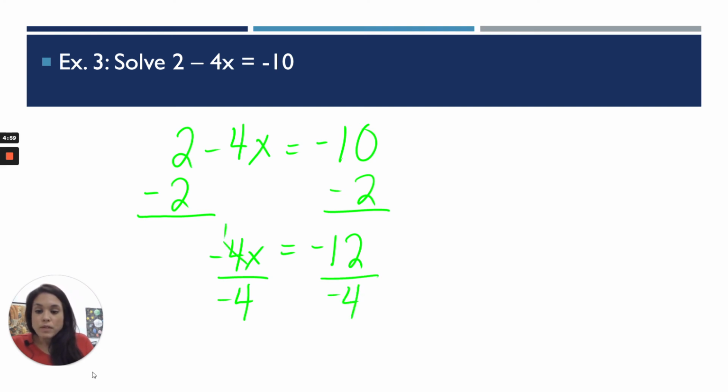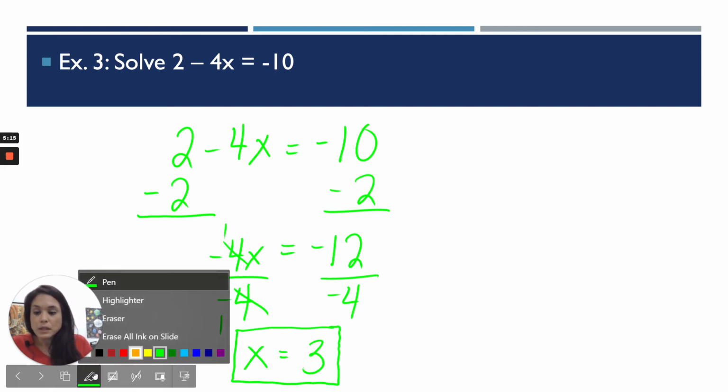Negative 4 divided by negative 4 will become 1, so we're left with x. And then negative 12 divided by negative 4 equals a positive 3. Let's put this 3 back into the equation and see if it makes sense.